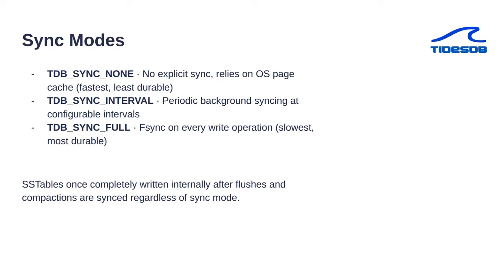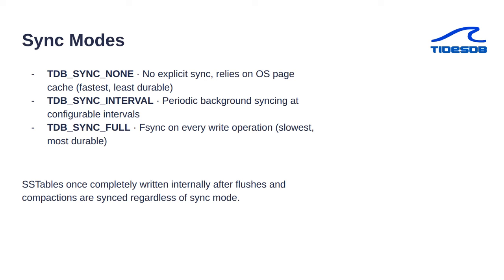TidesDB has 3 different sync modes for column families: sync none, sync interval, and sync full. With sync none, every write won't be synced. But TidesDB internally, when an SSTable has been completed or a compaction with an SSTable has been completed, or a write ahead log on shutdown, fsync is utilized there, but on every single write, we don't do that unless you have sync full set for the column family.